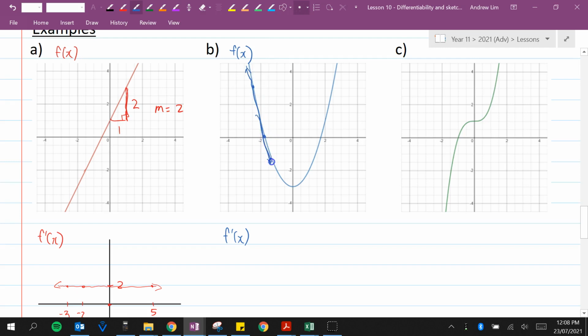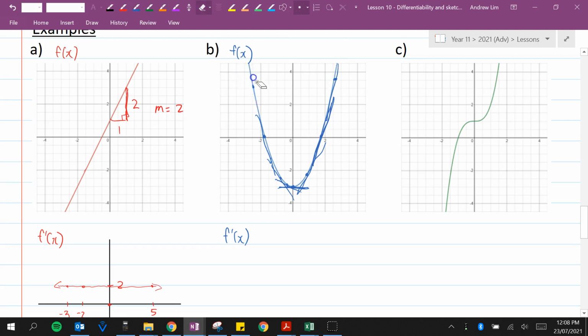In fact, it's always sloping down until we get to here. At this point, when x is 0, the gradient is 0 because the line is horizontal. Then at all of these points, the gradient of the tangent is sloping up. It's positive.